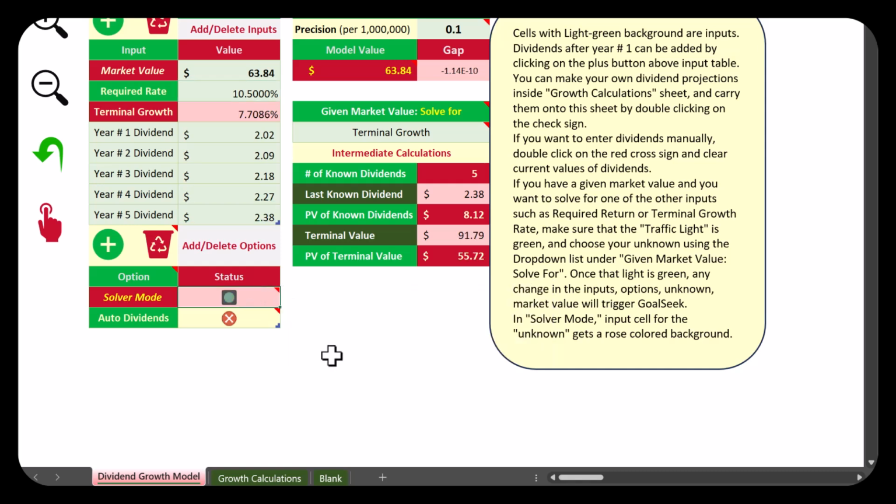This implies 7.70. So in a sense, if we are to believe these dividend projections, which come from the growth projections, Coke is actually more expensive than Pepsi, because Pepsi required a growth rate of around 6.5, and Coke requires 7.70.